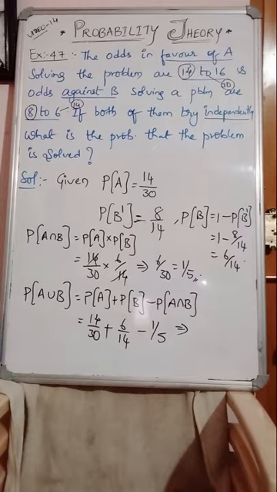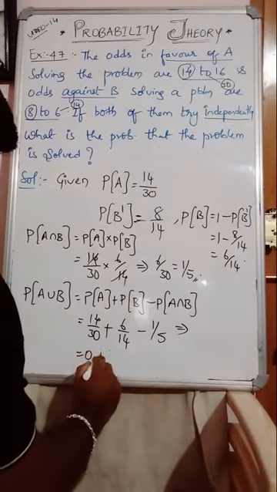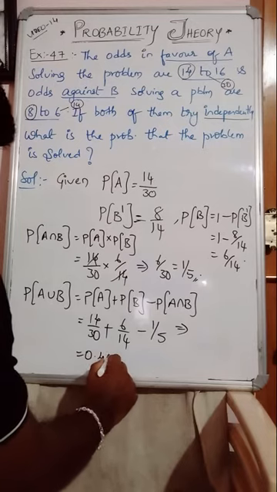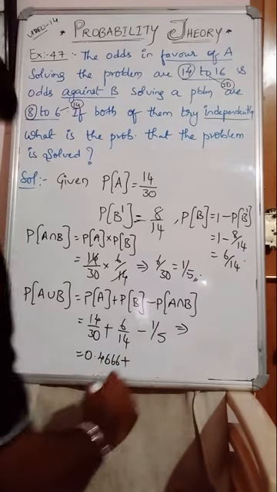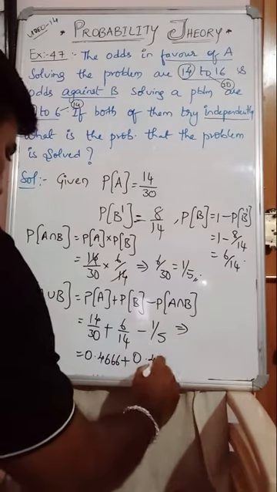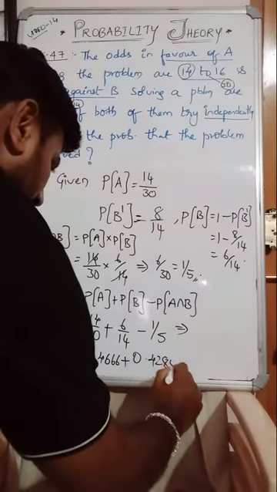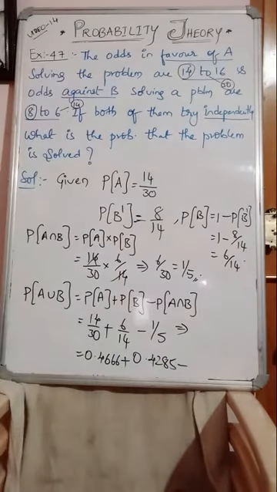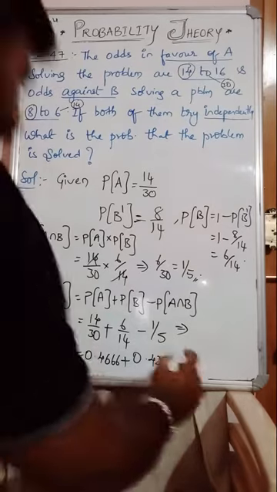What would be the LCM? Either in terms of decimals also it can be written, guys. So decimals you write down here. 14 by 30 becomes 0.4666 plus 6 divided by 14, 0.4285, minus 1 divided by 5 is 0.2.